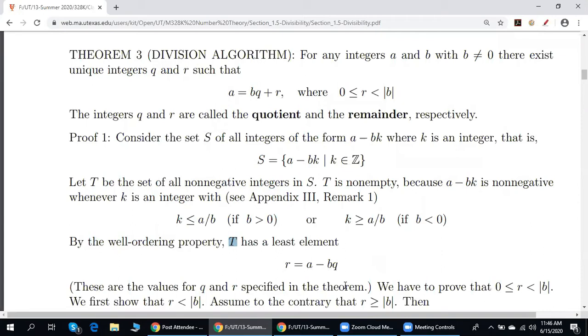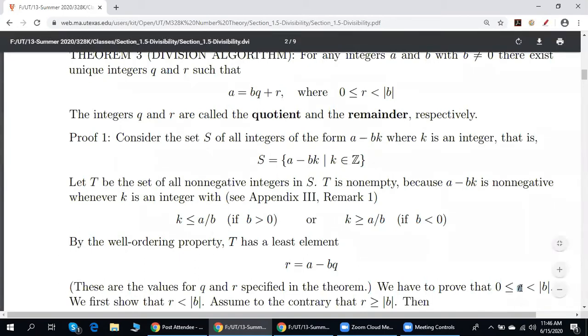Let us denote this least element by R. The goal is to show that our R satisfies the following double inequality: R is greater or equal to 0, and R is lesser than absolute value of B. Now, this portion is absolutely obvious because R is an element of T, and T consists of only non-negative integers.